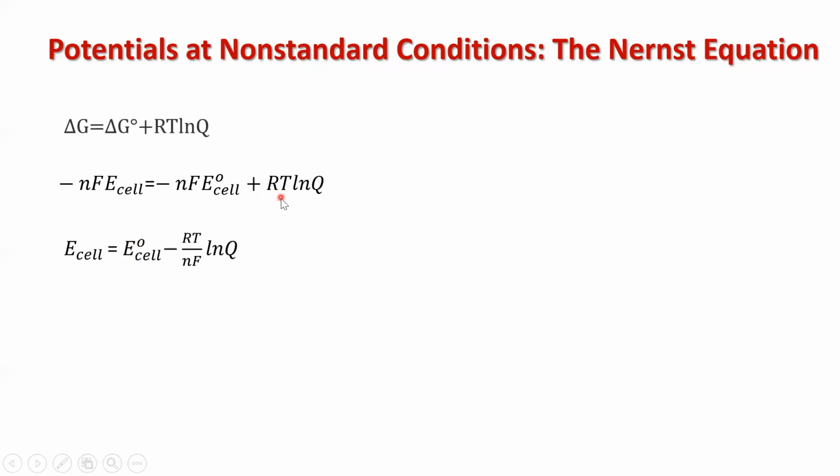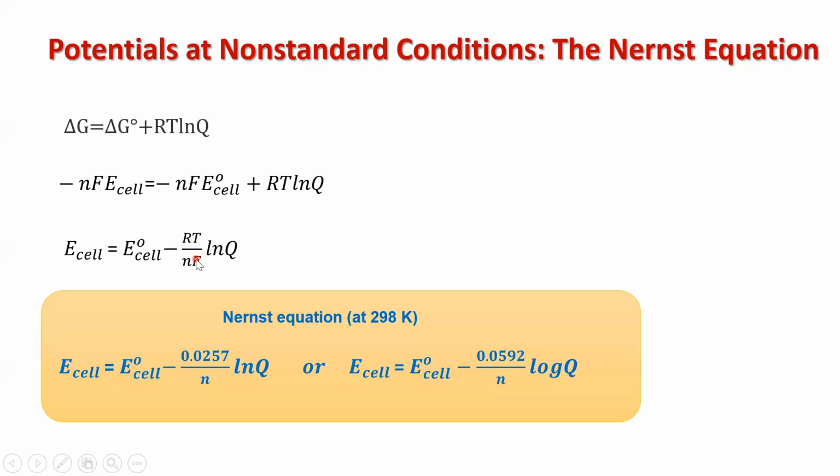And we're going to be dividing this by negative NF. So we get negative RT divided by NF ln of Q. And again, R is a constant, T is a constant, F is a constant. So we can just put all those constants together and come up with a new constant. And this equation is called our Nernst equation.